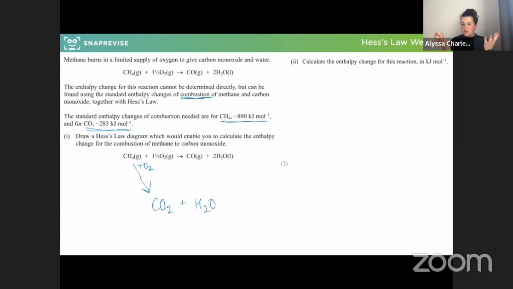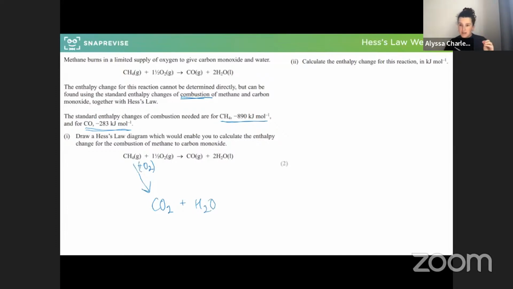A lot of the time you might see, for example, oxygen as a reactant here, but if I burn oxygen in oxygen and produce oxygen, then nothing's happening. I'm not changing anything, so the enthalpy change associated with that is 0 because it's not an enthalpy change. So you don't have to include those enthalpy changes if they're 0, but you can choose to, and sometimes they do like you to include them as well. I'm not going to in this case, I think it adds to the confusion. So I'm just going to put that in brackets as a reminder.